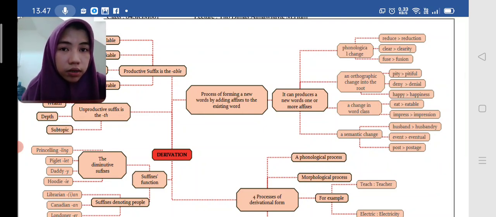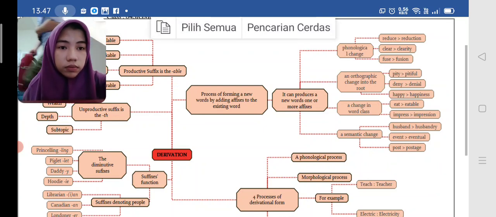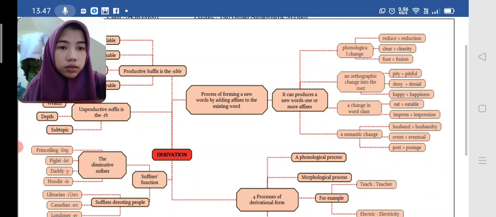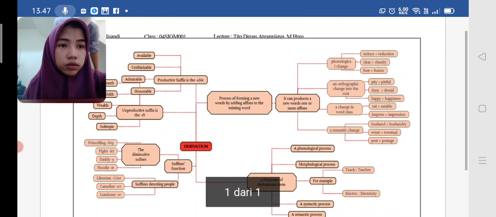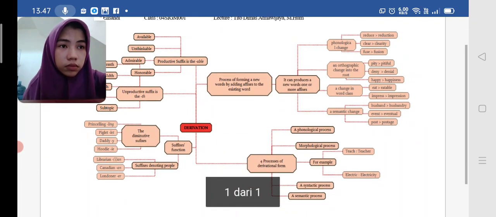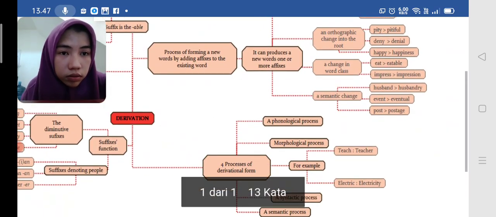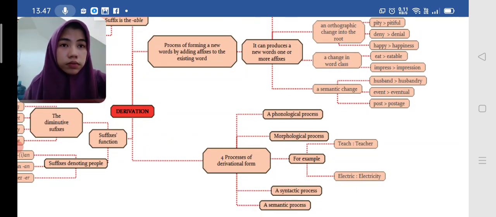So that's it. The process of adding affixes to form a new word.